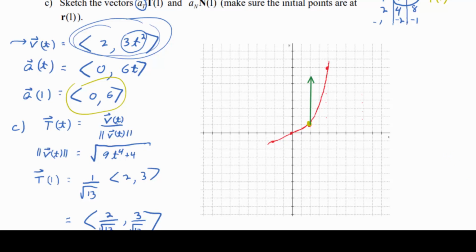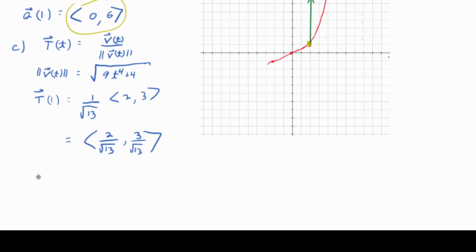We have a nice formula for it. A sub T, that's the tangential scalar component of acceleration, right? A dot T. But it's all evaluated at 1, right?